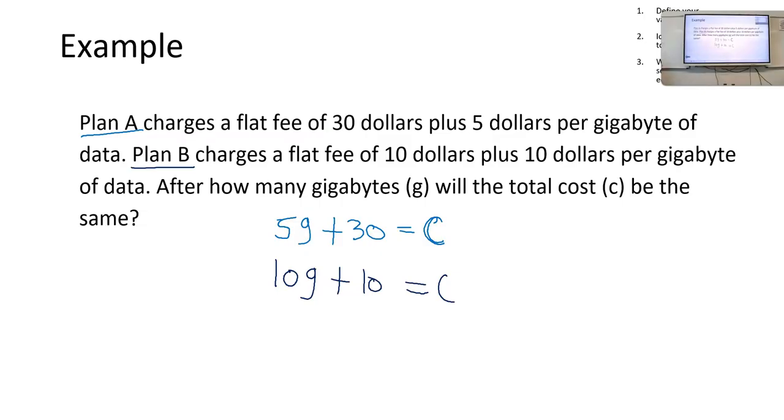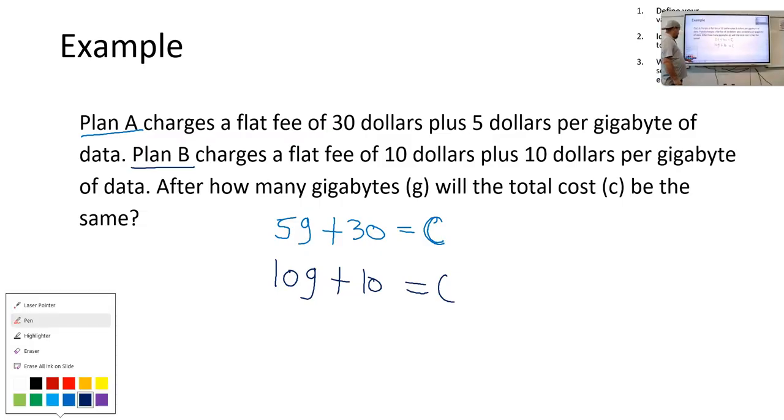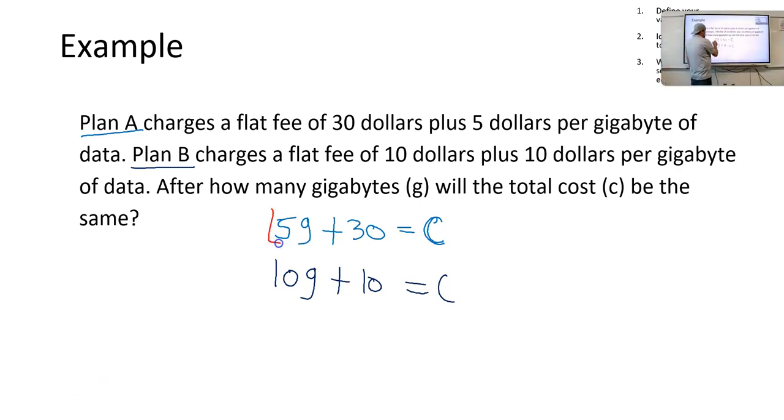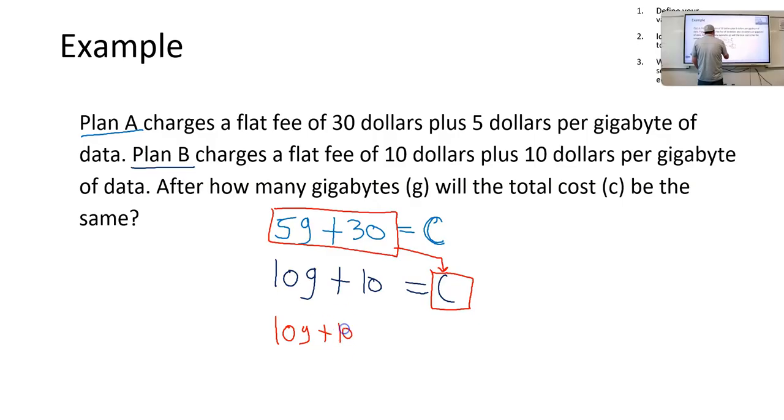Yeah, I notice that C is isolated on both of them. So this is actually set up for me. I'm going to take this 5G plus 30, since that is C, I'm going to plug it in right here. So we're going to rewrite 10G plus 10 equals 5G plus 30.